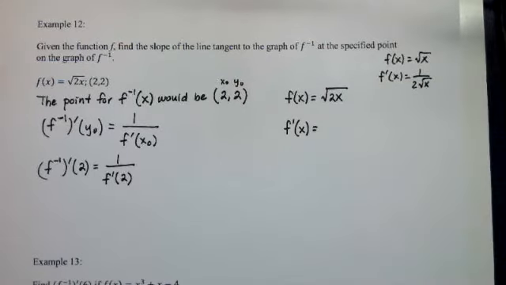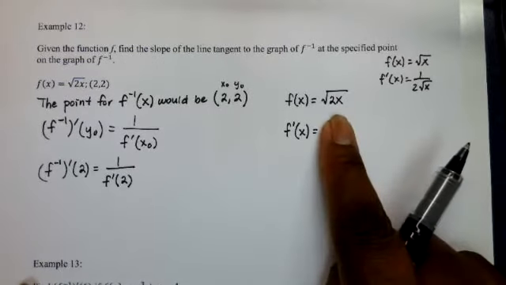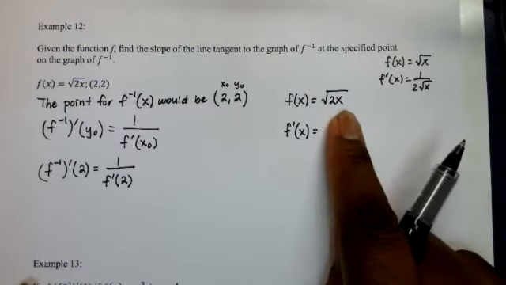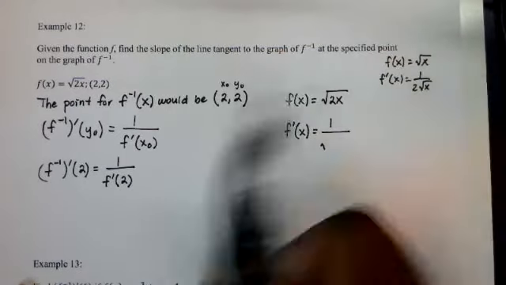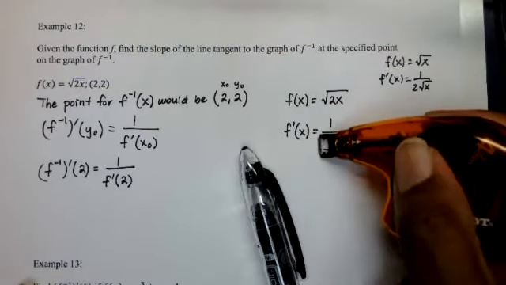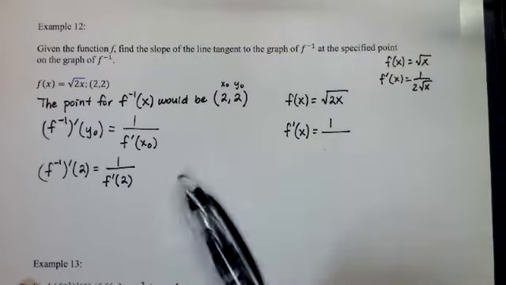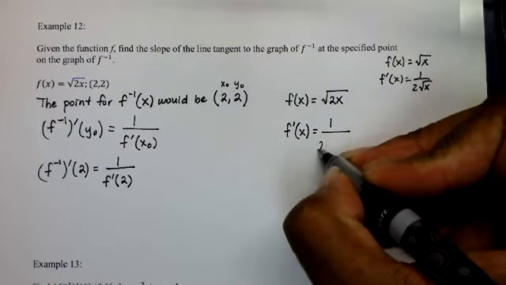So that's what we're going to use here. So the derivative of the square root of 2x would be 1 over 2 times the square root of 2x.